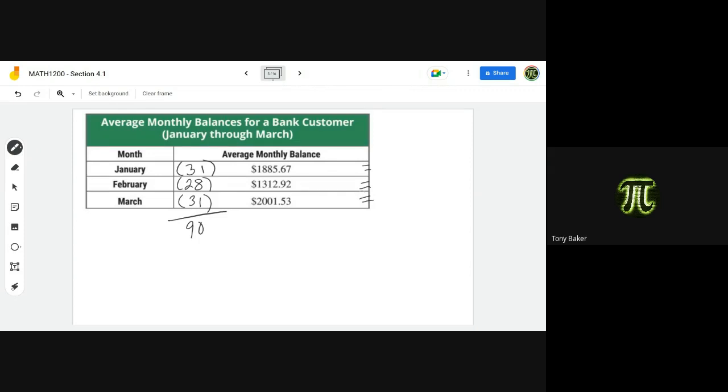So in January, I had 58,455.77 because I multiplied the daily balance times 31. Then I take February's balance times 28.